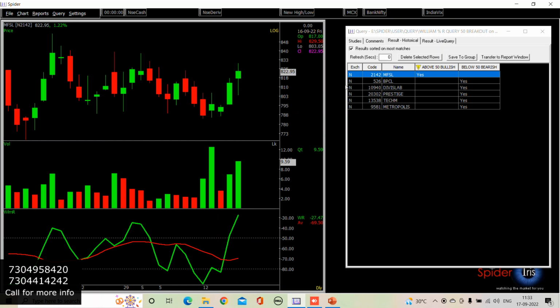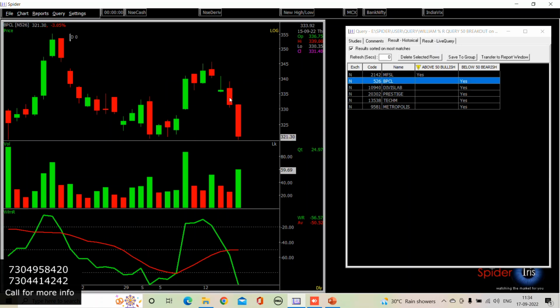Now let's check the result of the bearish ones, BPCL. The condition is, in the previous candle the Williams percent R value should be between -50 to -60, which is -56.57 here. Also it should be cutting the red average line in downward direction. Once the low of this candle gets broken, you will get an indication in this query.